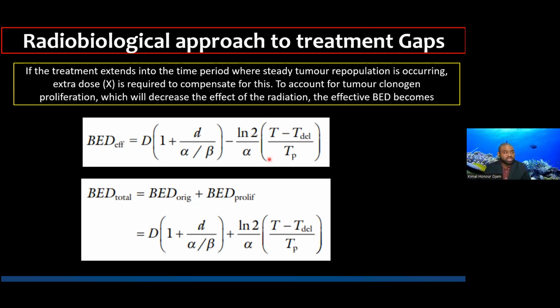Now, this expression here, T minus T delay, all divided by T proliferation, T_P, is the number of doublings. And therefore, this equation expresses the fact that the overall BED has to be increased by the BED of proliferation to compensate for the rapid repopulation.